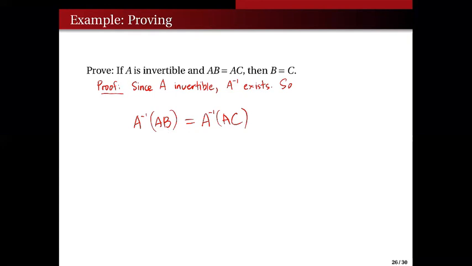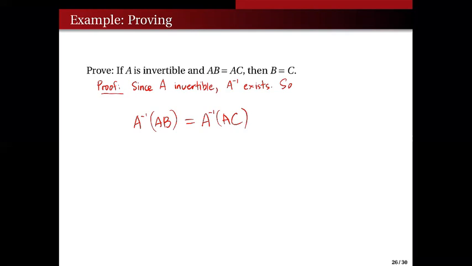When you multiply a matrix on matrices which are equal, you have to make sure that the side of the factor remains the same.